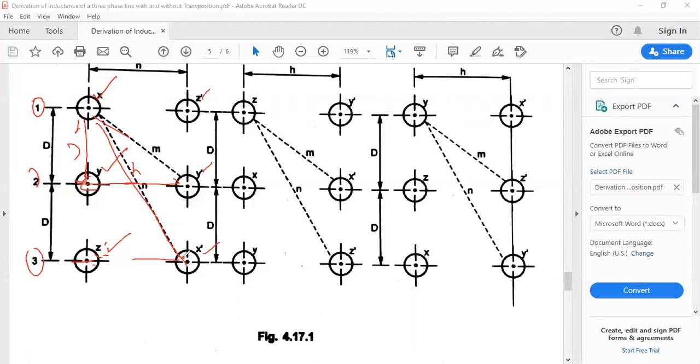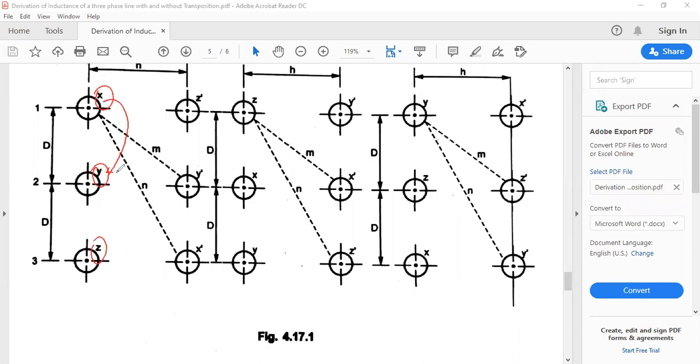Now I need to transpose for a given transmission line length. Let me take 100 kilometer length. I need to divide it by 3 because there are 3 transmission line conductors. So I can replace the position of the conductors accordingly.